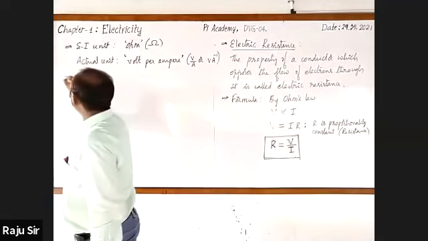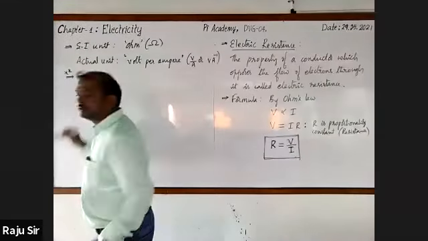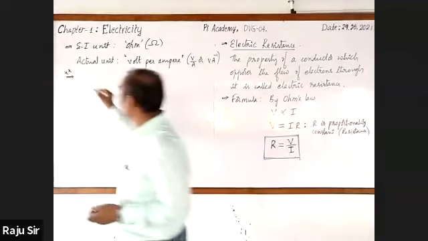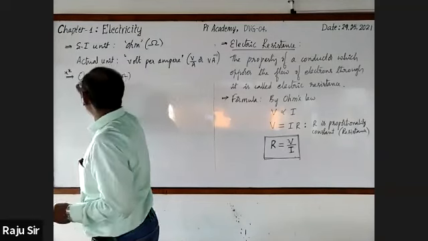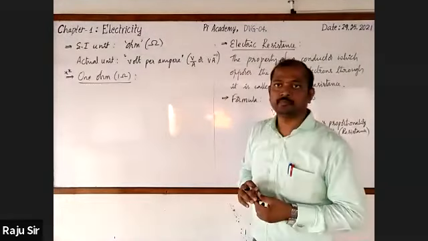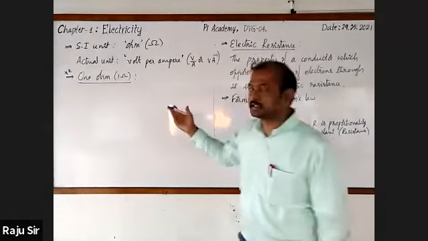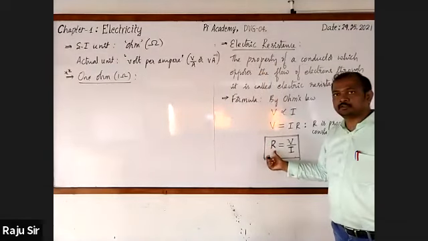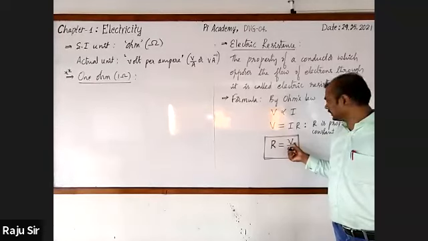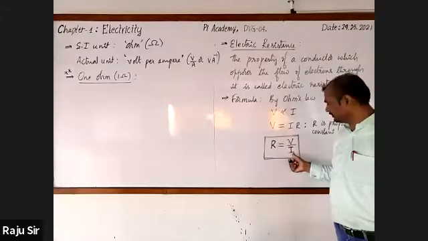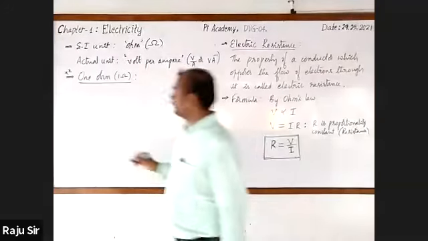Next, it is a very important definition. Put double star mark. Definition of 1 ohm. The resistance offered by a conductor is said to be 1 ohm if the potential difference between the ends of a conductor is 1 volt and the current flowing through that conductor is 1 ampere. Right?